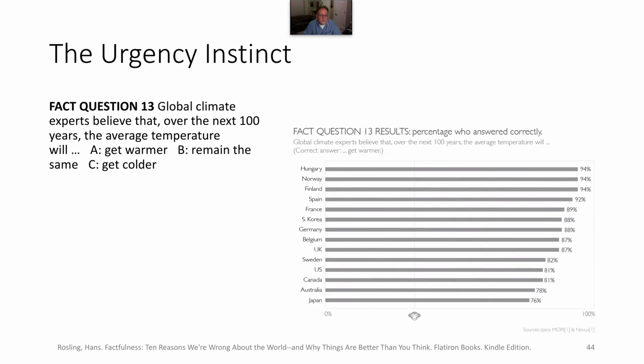And the last question, 13, is about climate change. Think about this. It's not asking if it has happened. It's saying climate change experts believe that over the next 100 years, the average temperature will A, get warmer, B, remain the same, or C, get colder. And you can see this is the one question almost everybody got correctly, that there is great consensus by experts that it will get warmer over the next 100 years.